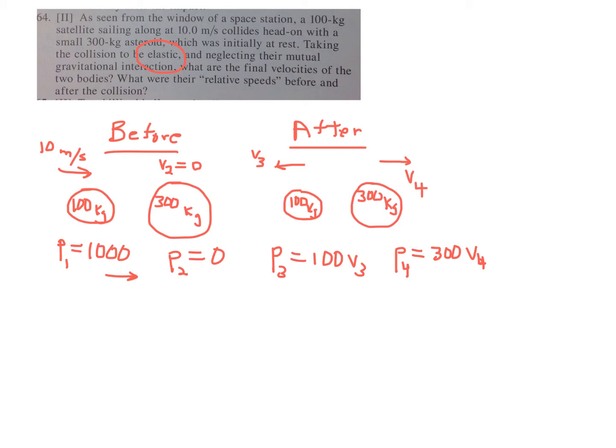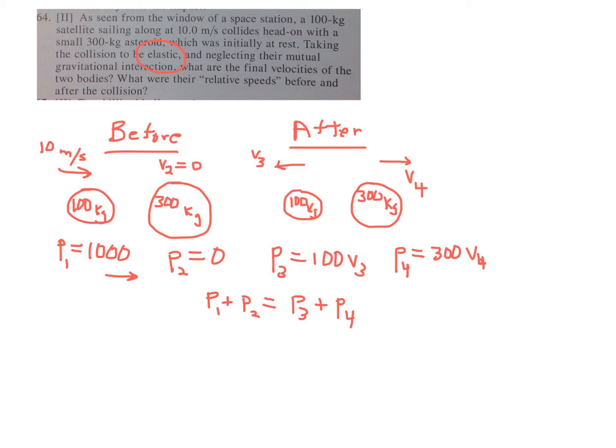plus p sub 4, conservation of momentum. I can write that down symbolically. P sub 1 plus P sub 2, conservation of momentum. By the way, on the AP test, it'd be good for you to write down at the top of the page when you do this problem, conservation of momentum and conservation of kinetic energy. You'll probably get points for just writing those statements down, because that's what this is.